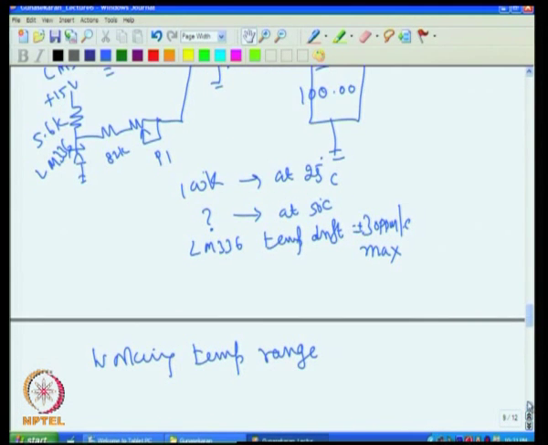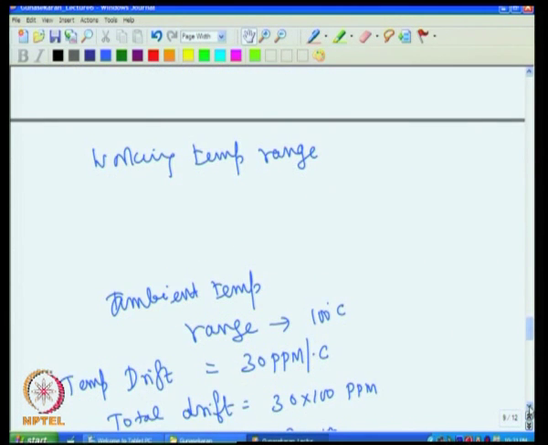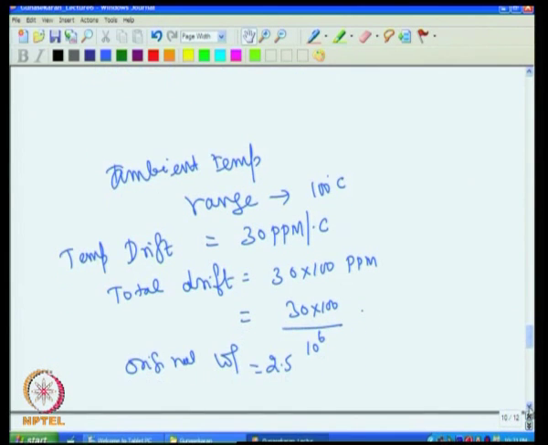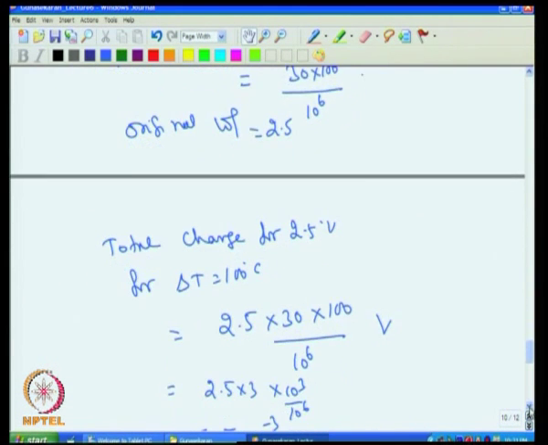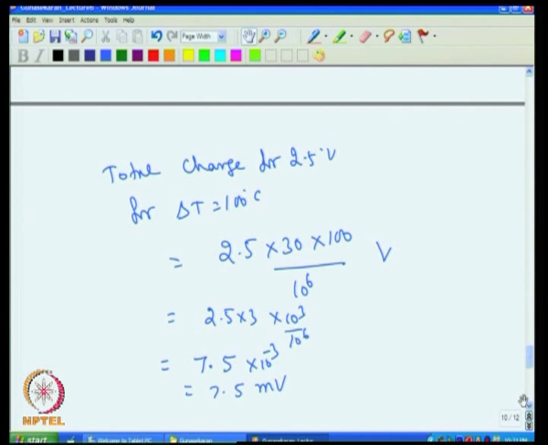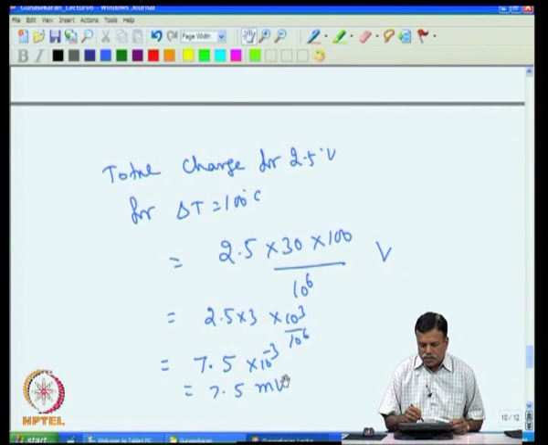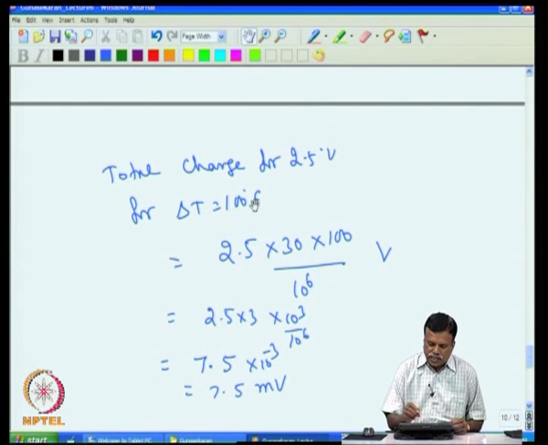If you calculate that, as we ended up in the previous class, the total Zener voltage drift is 2.5 into 30 ppm into 100 degree C, which works out to be 7.5 millivolt. That means the Zener voltage changes by 7.5 millivolt when a temperature change of 100 degree occurs.